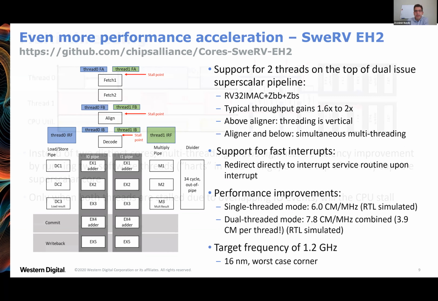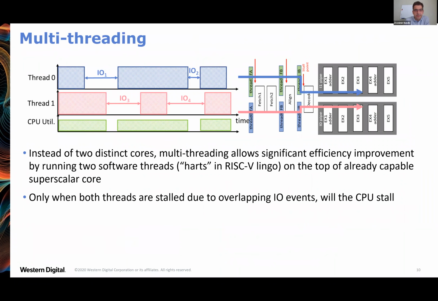Multi-threading is a key feature of this embedded core. So instead of two distinct cores, multi-threading allows significant efficiency improvement by running two software threads, we call them harts in the RISC-V lingo, on top of an already fairly capable superscalar core. And this diagram on the top roughly explains what's happening. If you have use cases like in data path firmware, where there are many excursions to the bus that may take multiple clock cycles, or maybe accessing slower memories for controller operations, with a single core, you would have a lot of stalling.